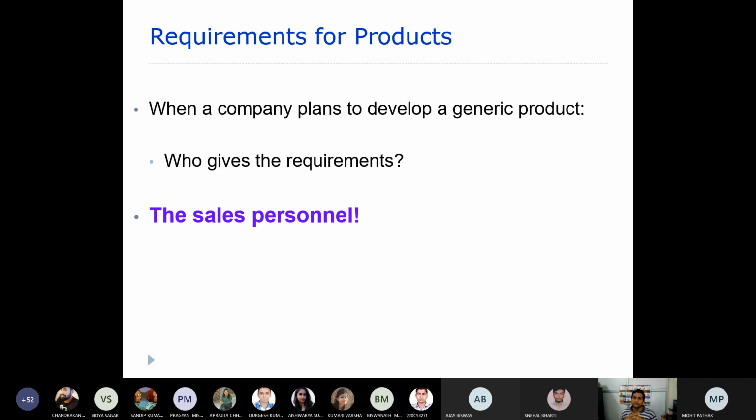If a company wants to develop toothpaste, who usually gives these requirements? Can anyone tell me who is going to give the requirements if a company is planning to develop a product called toothpaste?